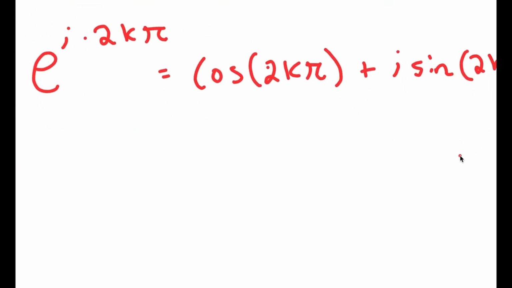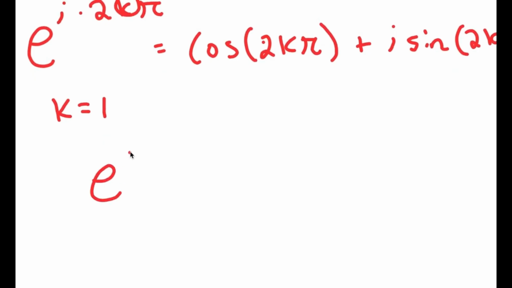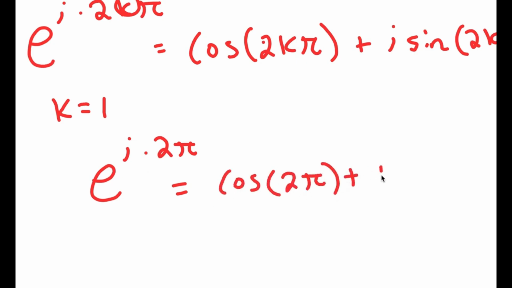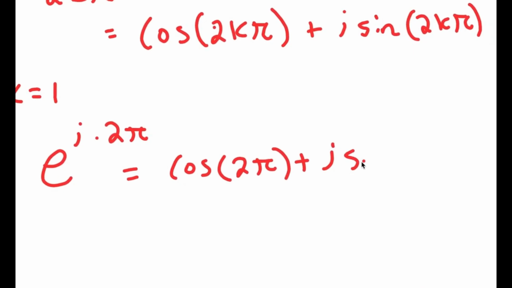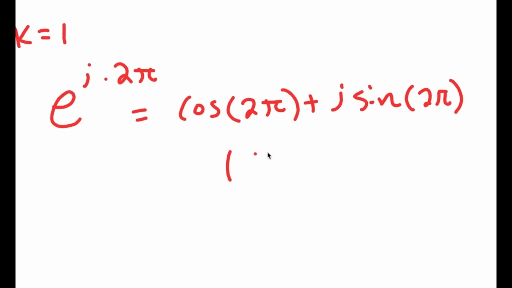Now, what if k is equal to 1? What if our constant k is equal to 1? Then I get e to the power of i times 2 pi is equal to cosine of 2 pi plus i times sine of 2 pi. Now, cosine of 2 pi is 1, and sine of 2 pi is 0.